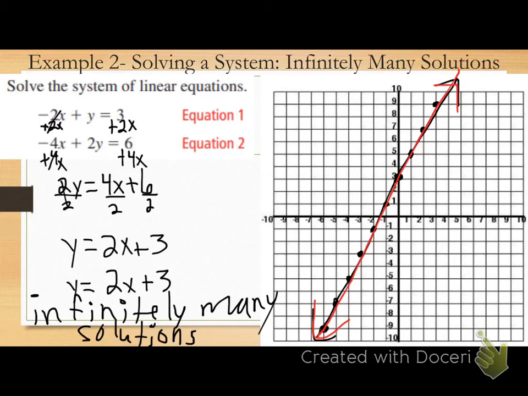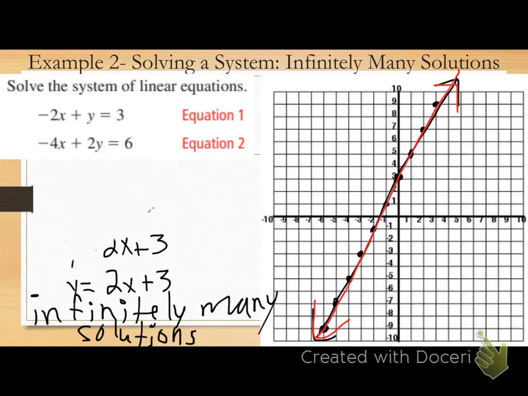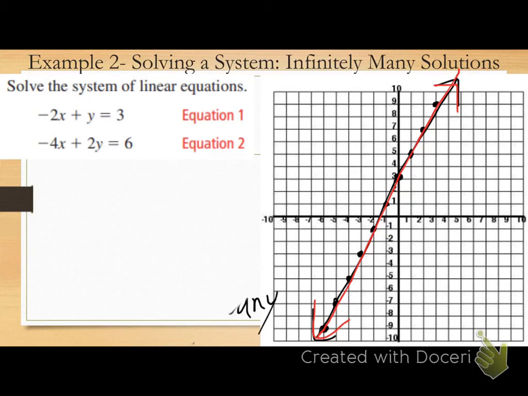What method do we want to use next? Elimination. Are all my x's, y's, and constants lined up? Yes, they are. In order to get the same number, opposite signs, I need to do what to which equation?